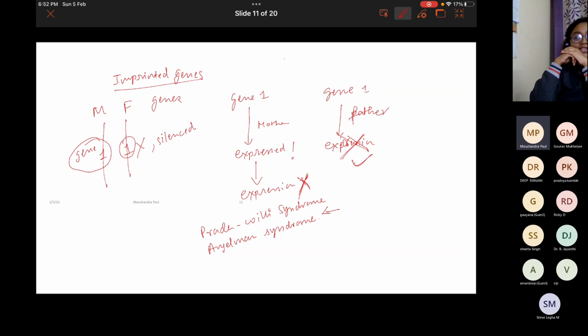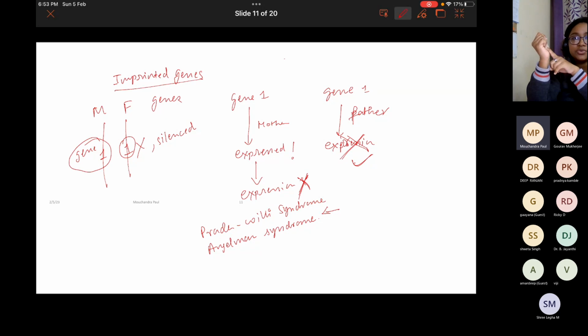As far as I have the knowledge on this topic, if the disorder is related to the sex chromosome, okay, so if the gene is related to a sex chromosome, then the sex specificity will come. Now, think in that direction.